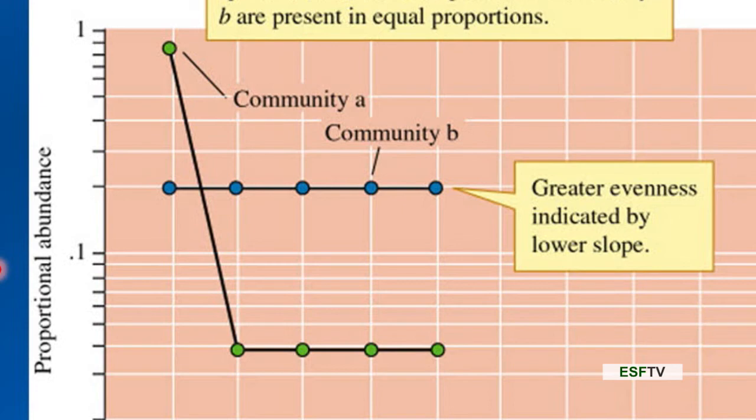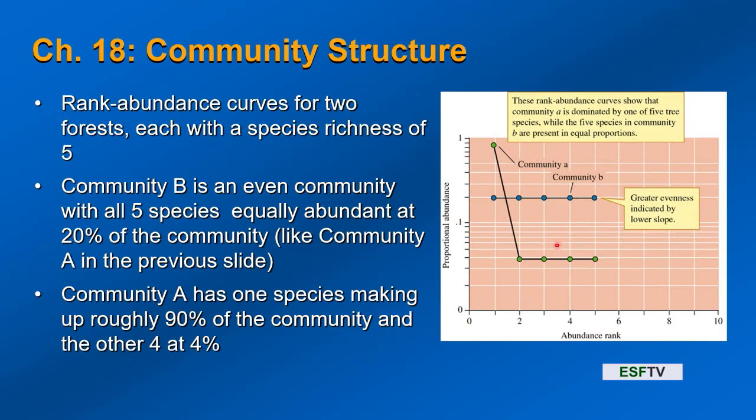Just one plant dominating with a few that are holding on. That would be community A down here. These not so critical in this community anymore. Okay, or something. I'm making that story up, but not too far off. Here this might actually should be 3% or 4%. I don't know. Okay.